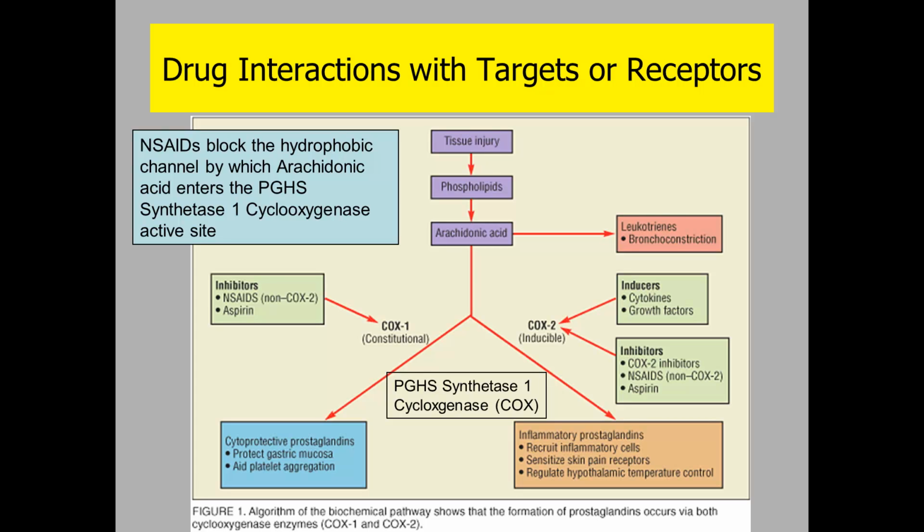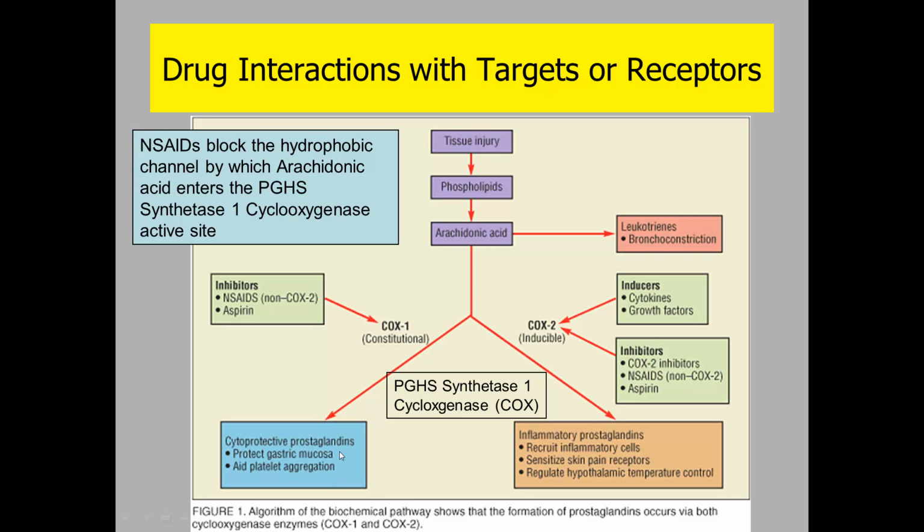enzymes. The NSAIDs are non-COX-2 inhibitors, including aspirin. They have a cytoprotective effect, and they protect the gastric mucosa and they aid in platelet aggregation. So when you've got a COX-1 inhibitor, you wind up with less of these.